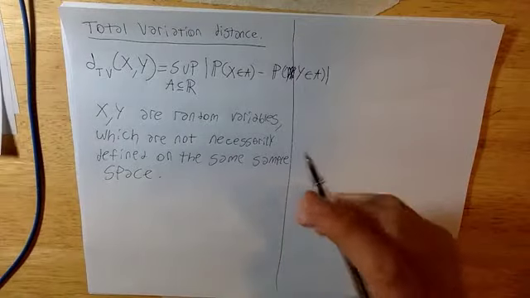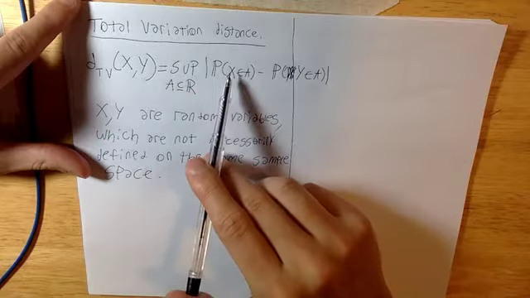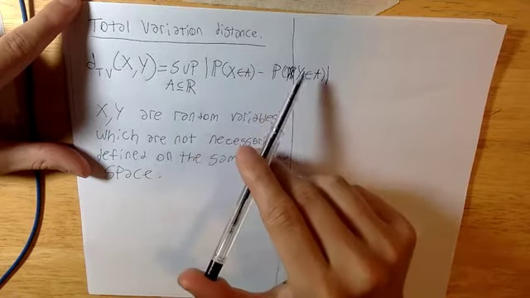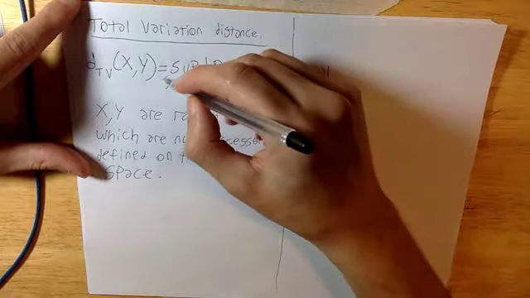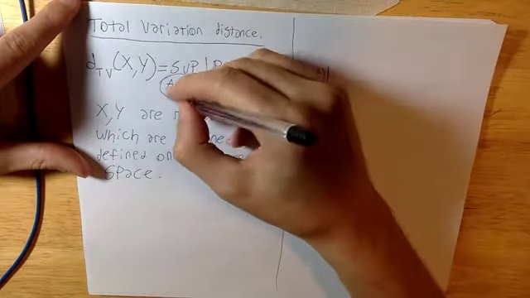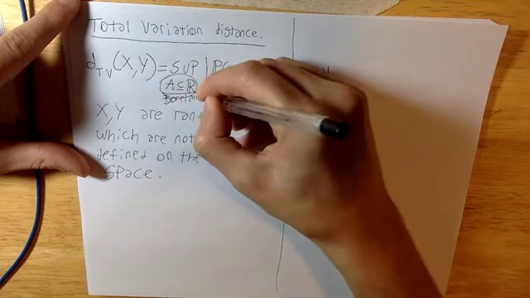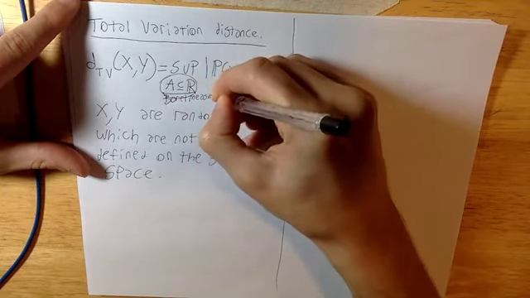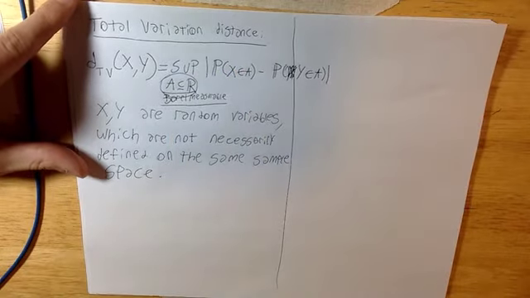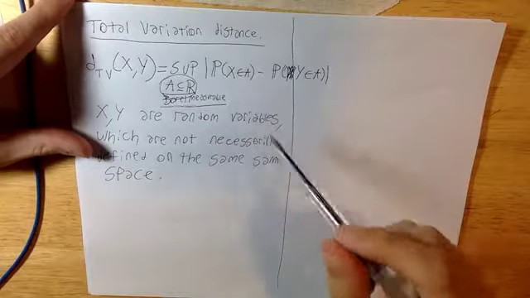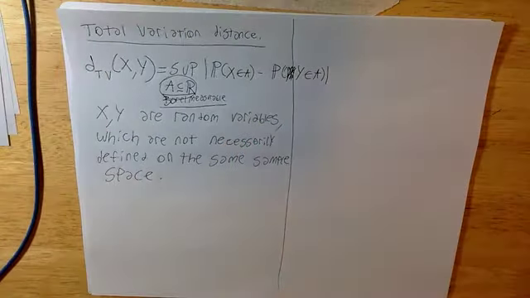So the claim is the only thing that you need to know is what is the value of X being in a particular set versus the value of Y being in a particular set. And here we are taking the sets in R, and here we again should add the condition Borel measurable, but don't worry about this. So morally, this is all the sets in R. And now you're asking what is the difference of the probabilities of X and Y being in the same set.